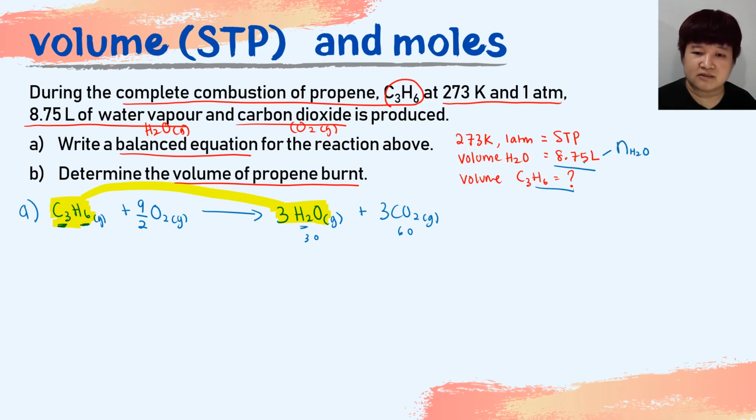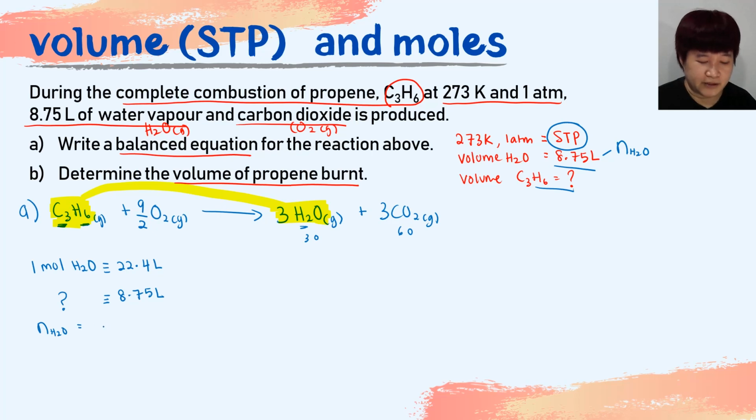And since it's a volume and is under STP condition, we know that 1 mole of H2O under STP will give rise to 22.4 liter. And right now, we are having 8.75 liter. How many mole of water? So the number of mole water calculated will be 0.3906 mole. That is the number of mole of water.